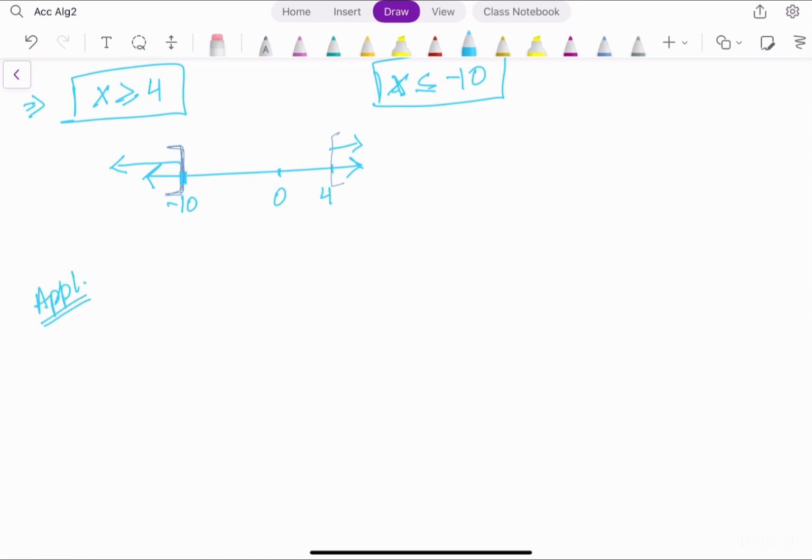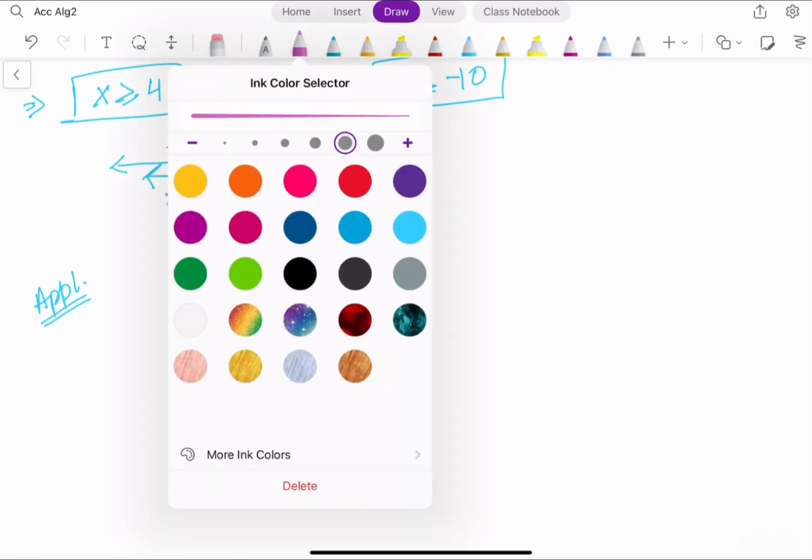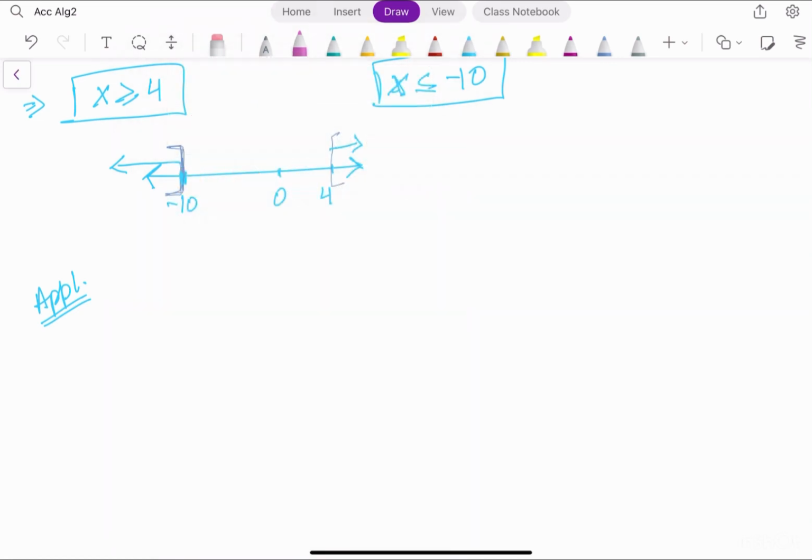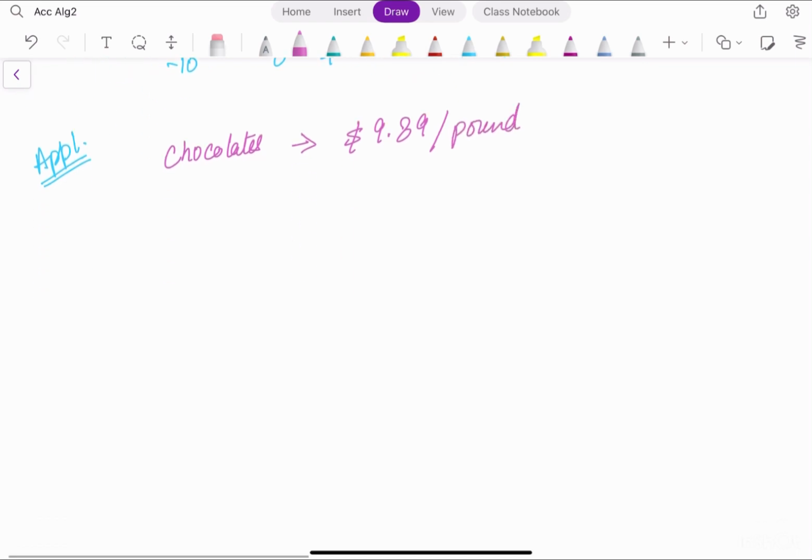Let's do one question related to application. So we have a scenario. Chocolates are sold at a price of $9.89 per pound. And the scale where they measure the amount of chocolate, the scale is accurate to 1/32 of a pound.